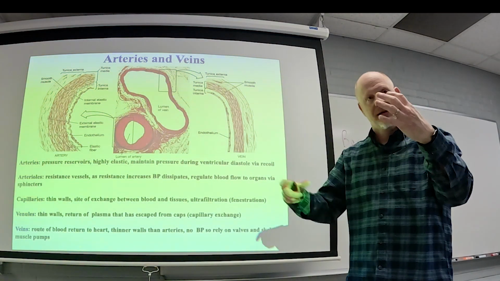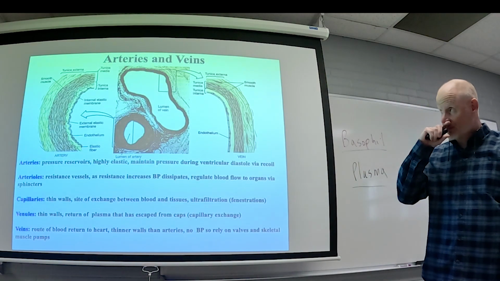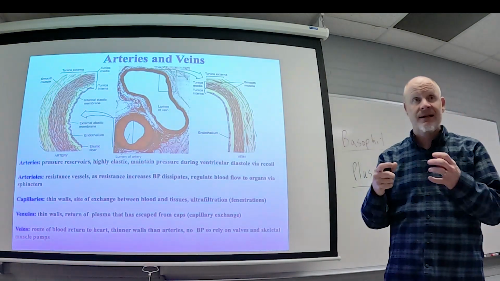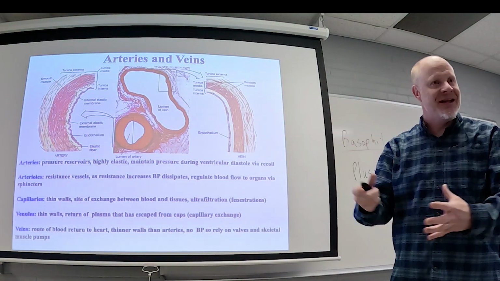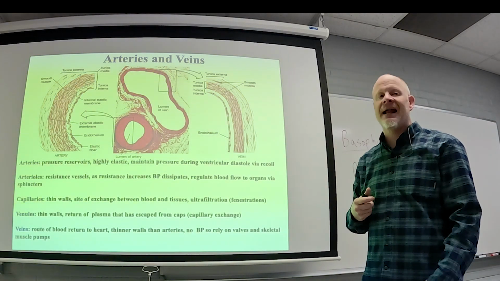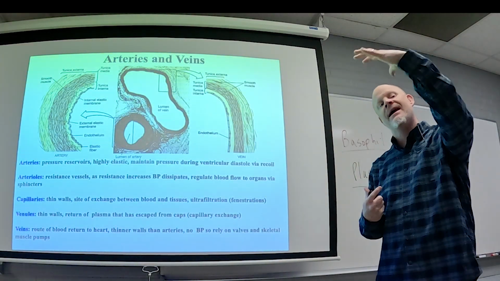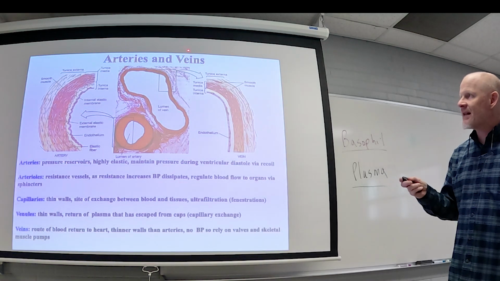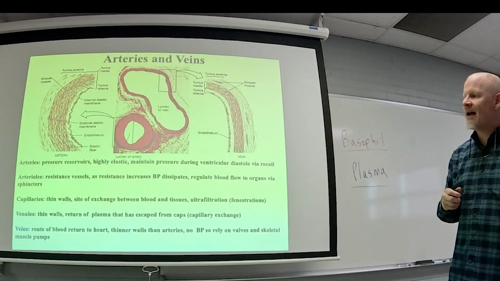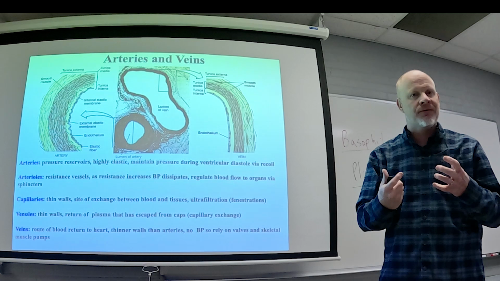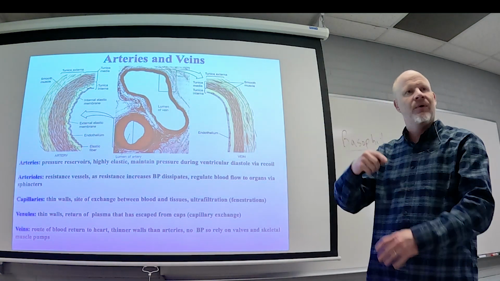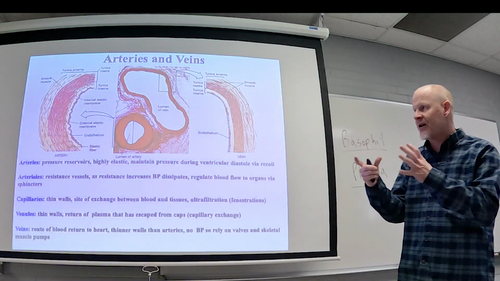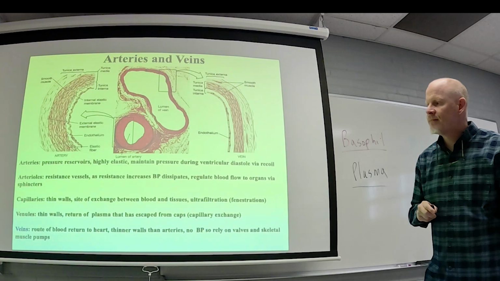Because the part that's under high pressure, which we're going to call arteries, is forcing the blood into the part of the system that has very low pressure and pushing that blood back to the heart. And we know that veins, and I kind of mentioned this last time, have low pressure, but lots of valves, which kind of help, right, with the effectiveness of returning blood back to the heart.